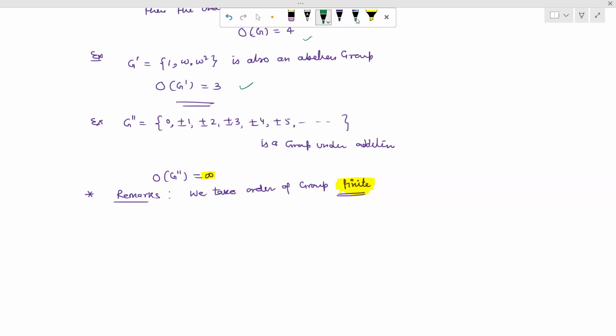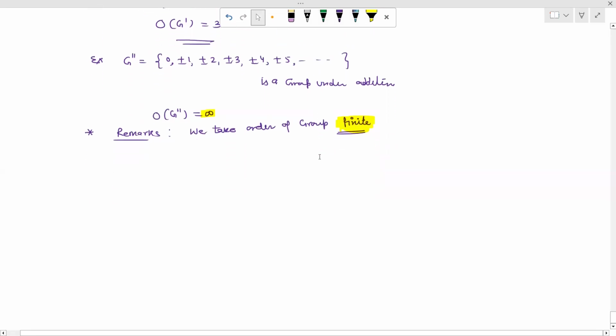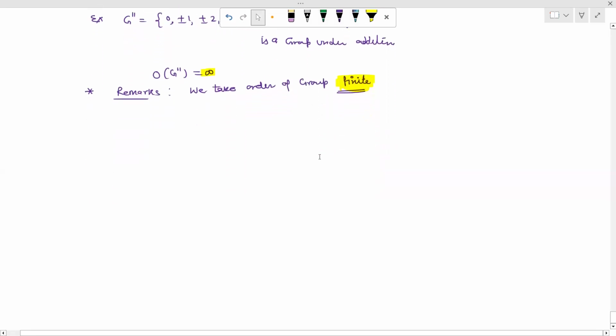Now, after understanding the order of a group, we move to the order of an element. The order of a group, the number of elements in a group, is called its order. Now we move to the order of an element. So the next definition is the order of an element.